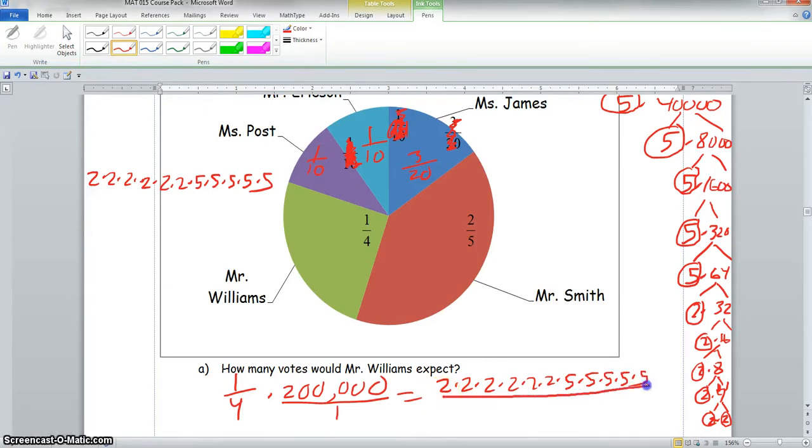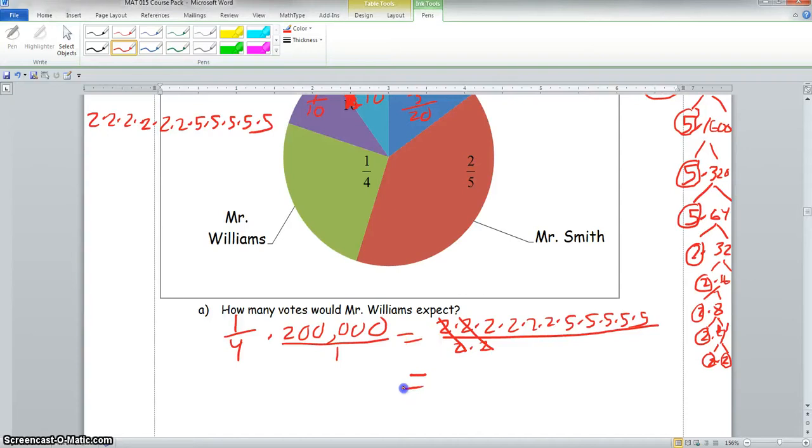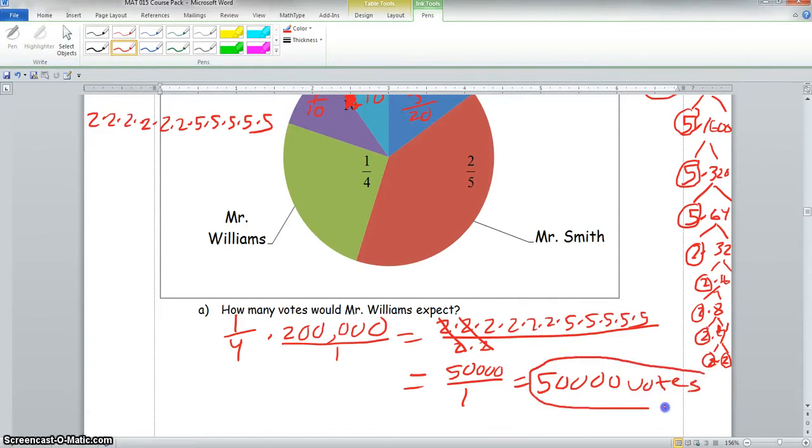And that's divided by 4, which breaks down to 2 2's. These 2's will simplify each other out. So our denominator would be 1, and then this will end up being 50,000 when you multiply. So the answer would be 50,000 votes. That's what Mr. Williams would expect, 50,000 votes.